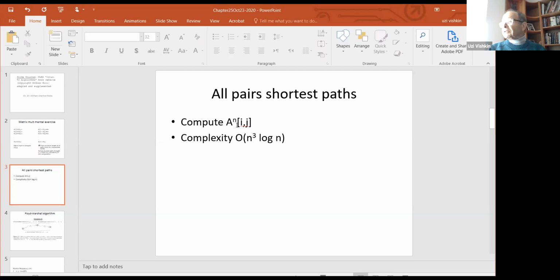And remember the discussion we had in the context of the single pair shortest path: if you have a shortest path which got to be longer than n, what did it mean? If you need to go beyond n, it means that you don't have a shortest path, because only a negative cycle can imply that.